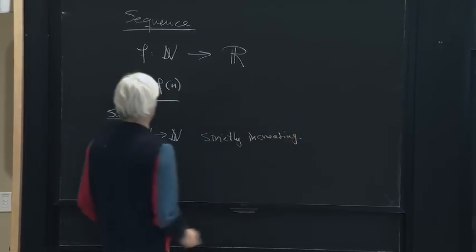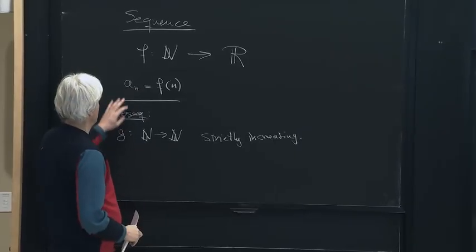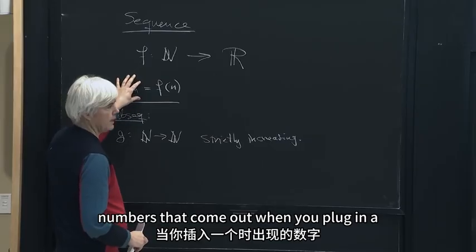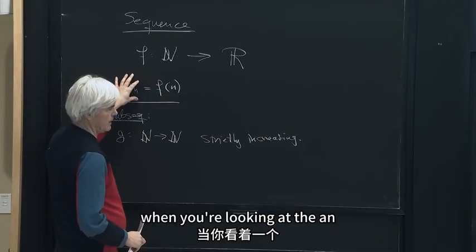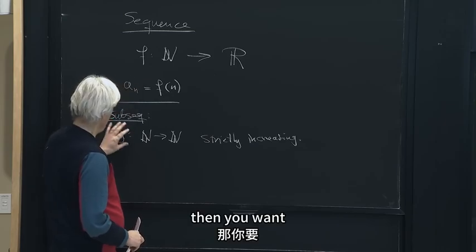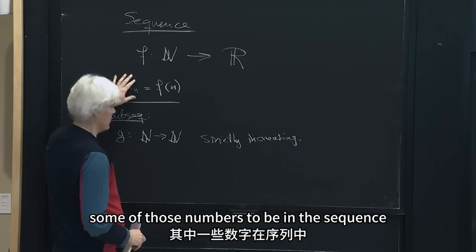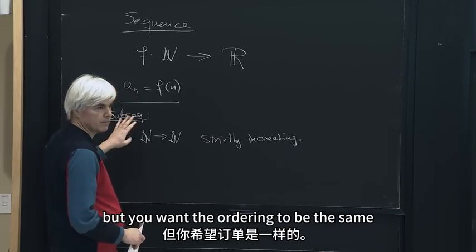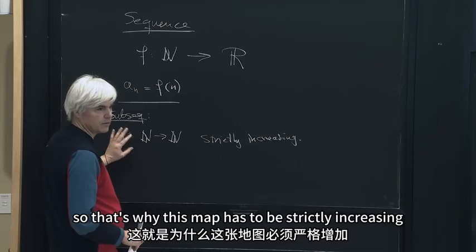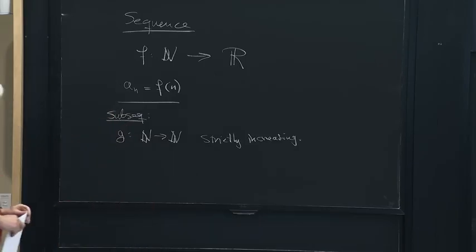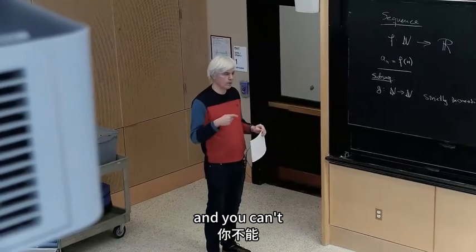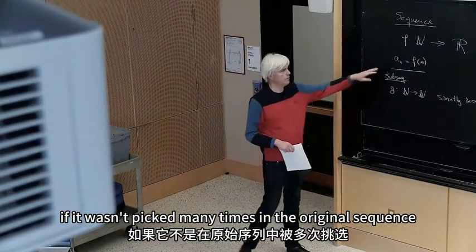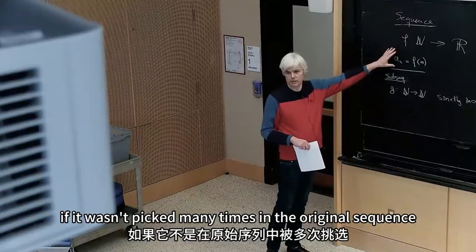Because for the subsequence, you want some of those numbers from the a_n to be in the subsequence, but you want the ordering to be the same. You can't pick elements many times if they weren't picked many times in the original sequence.